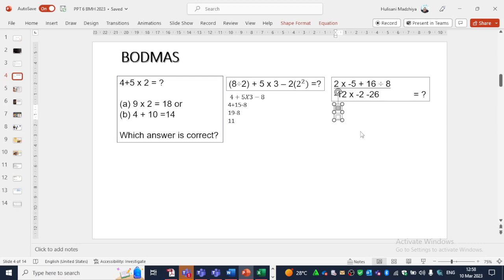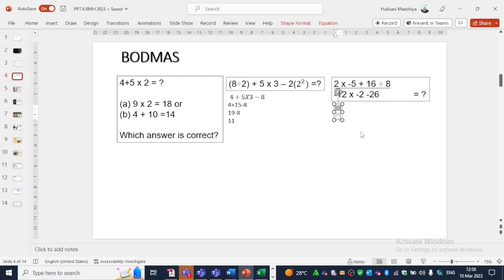So under this one, we're gonna start with the numerator and follow our BODMAS rule. Do we have any brackets? We don't. Do we have any orders? We don't. Then do we have division and multiplication? We look at those together at the same time.